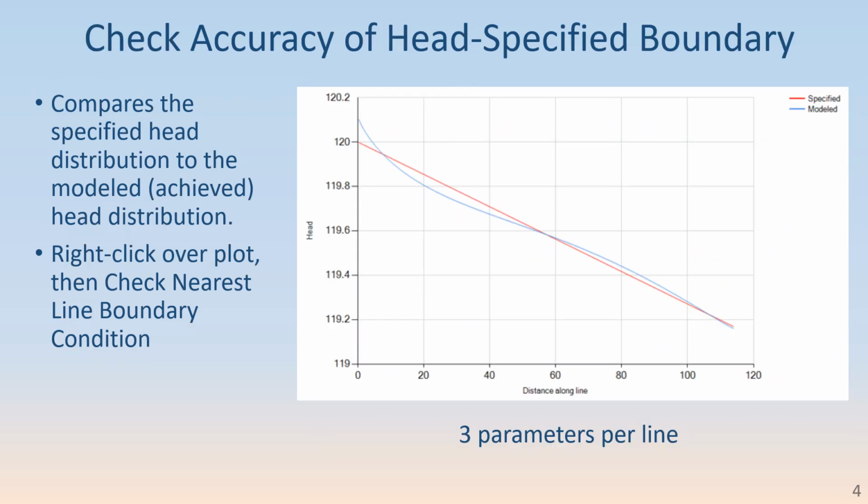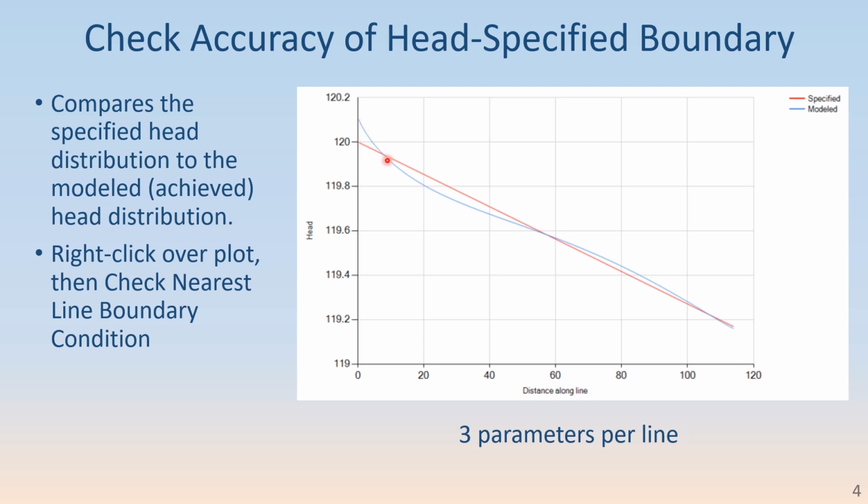This is a check of the accuracy of one segment of a head specified line boundary in that previous model. In fact, it's the uppermost segment that starts with a specification of 120 at the upstream end. The red in this plot is what was specified. Here's that linear interpolation along the line element. The blue is what was achieved in the model.